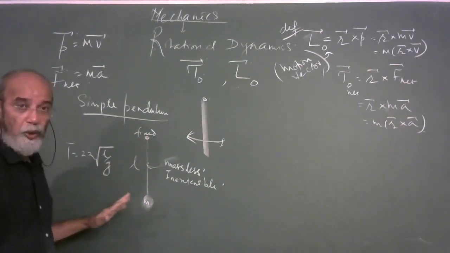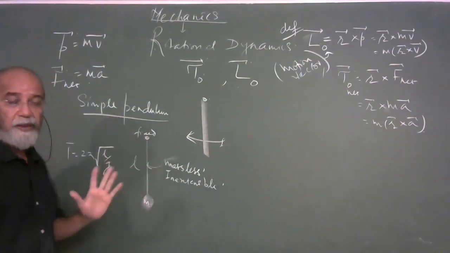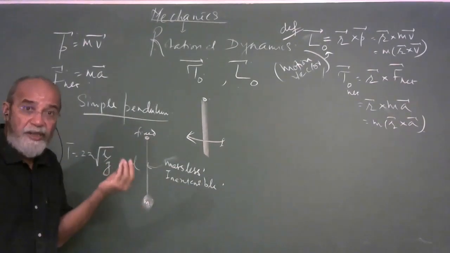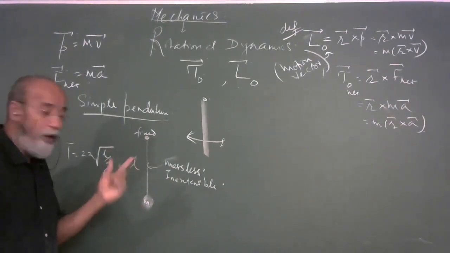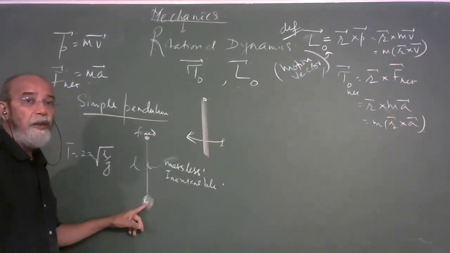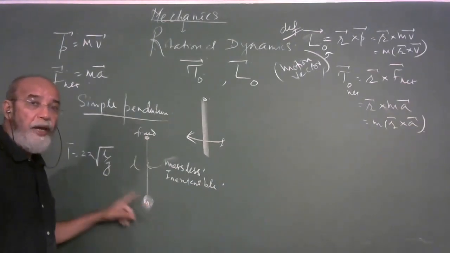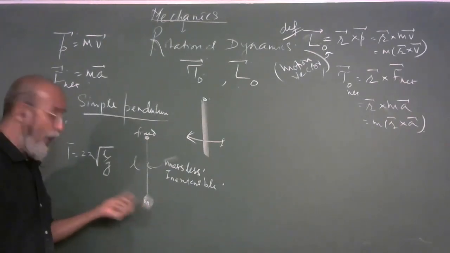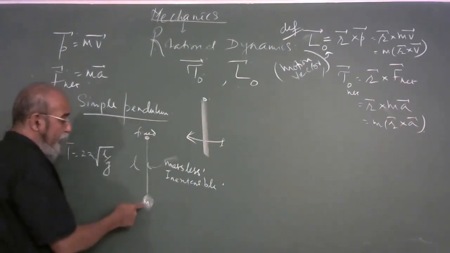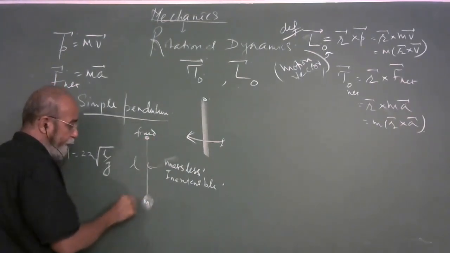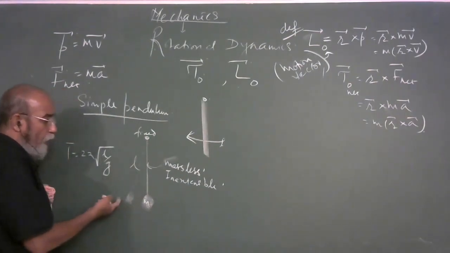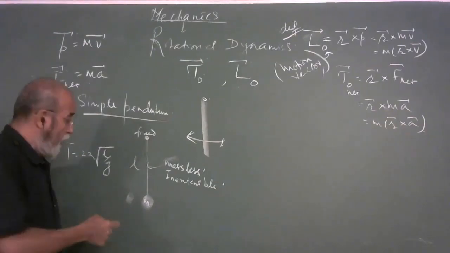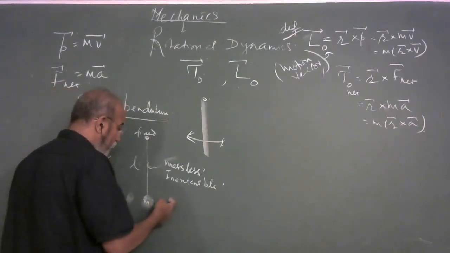Then had you constructed a simple pendulum using a real string and a bob which had some radius, some ball, and you would have found out the time period by counting, how did we do it? We just held the bob towards us and we released it. So it went, it came back.